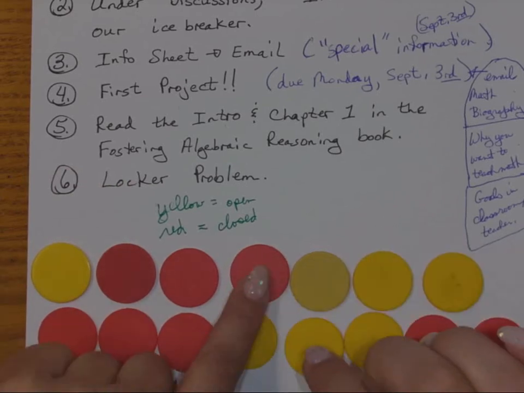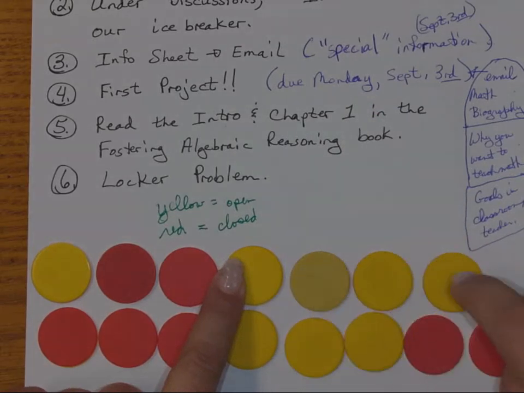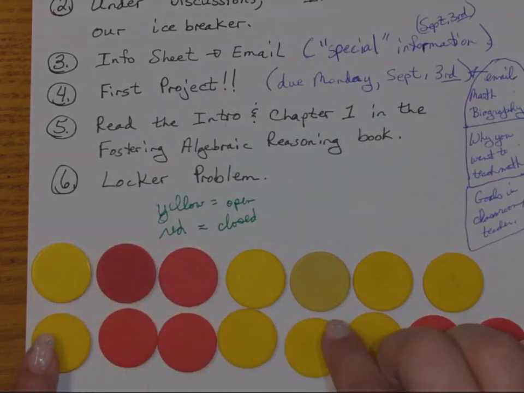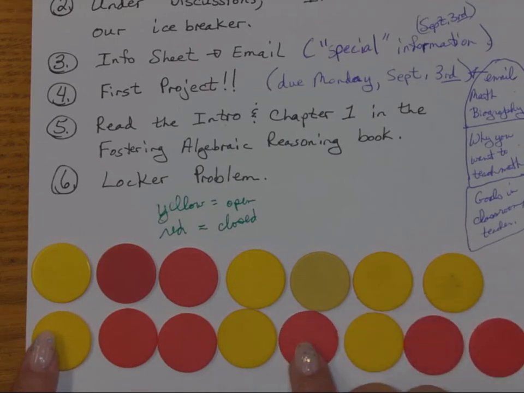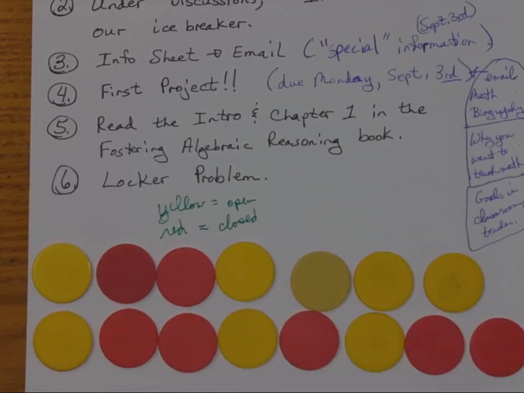So let's do that. 4, he's going to flip 4 around. Now it's open. 5, 6, 7, 8. I'm going to flip that guy. 9, 10, 11, 12. I'm going to flip that guy. 13, 14, 15. If I had a 16th one, I would flip it, but there's not. Okay, so now the fourth locker is done, because 5's not going to touch him, 6's not going to touch him, right?